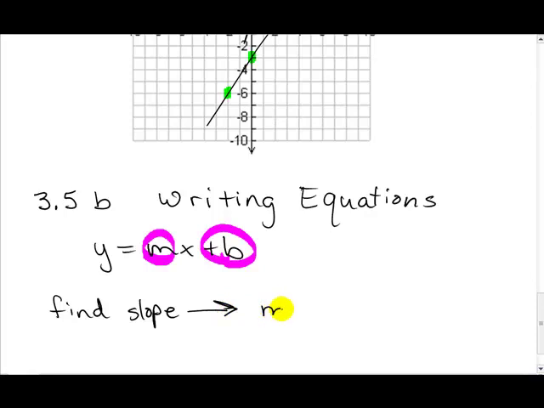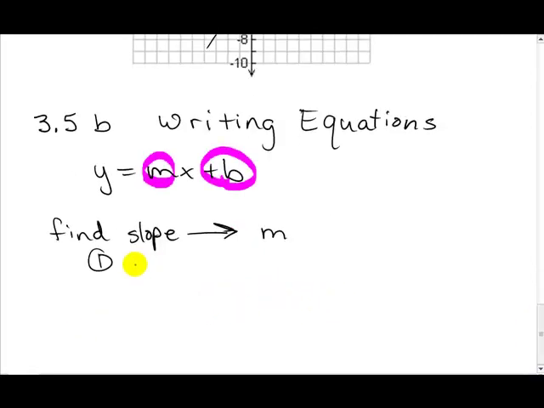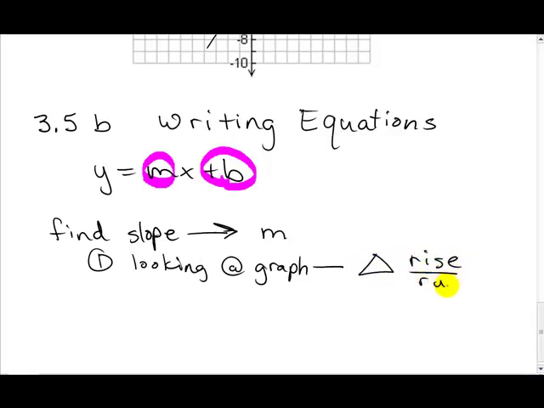that's our m. We have 3 different ways that we talked about. When you're looking at a graph, it's that rise over run with the triangle.